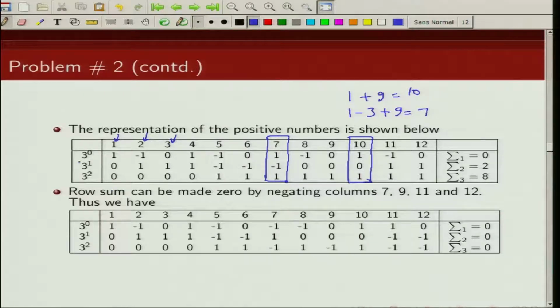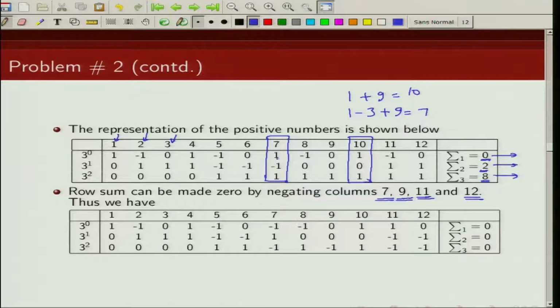Now if I sum up in each unit, that corresponds to 3 raised to power 0, 3 raised to power 1, 3 raised to power 2, if I sum them up, I get here 0, 2 and 8. Now what I do is I negate columns 7, 9, 11 and 12.